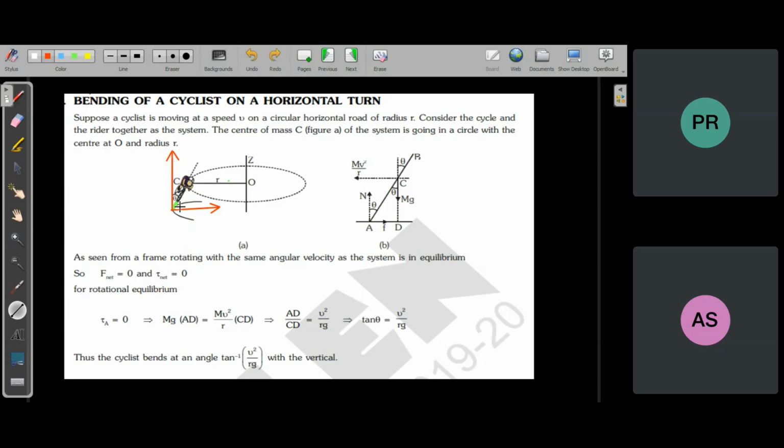Now if you look at all the forces, just imagine that if you drive very slowly, what will happen? The cycle will rotate about this axis and will fall like this, right? See this, it will rotate like this and will fall.